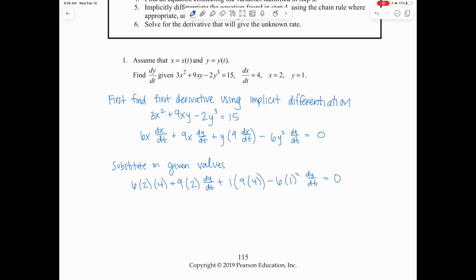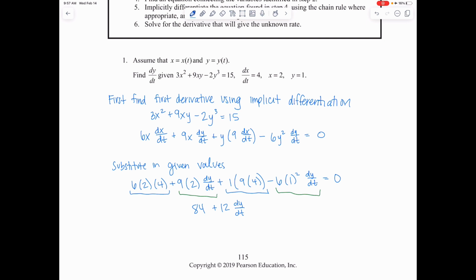So if we multiply these and add them, we will get 84 in the constant. And then here, the dy/dt's, if we multiply and add those ones, we'll have 12 dy/dt.